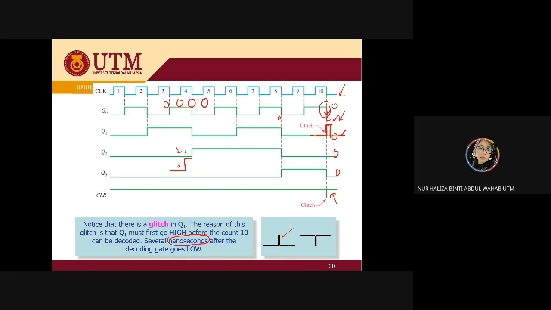So you will drop here and continue to be 0, 0, 0, 0. This is what it wants you to do, to reset all the values here to 0, 0, 0, 0. And when you have this, it's called a glitch.